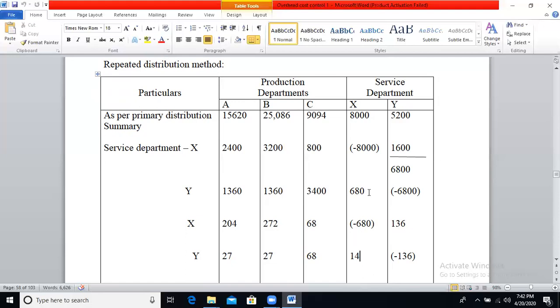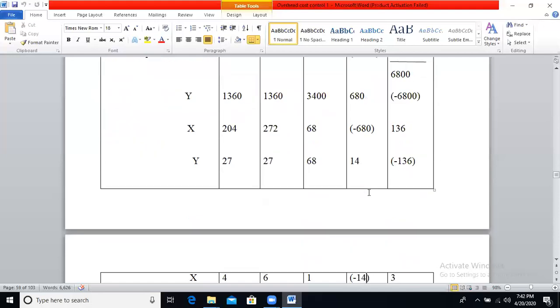Repeatedly you have to reapportion X and Y department expenses to the production departments and the service department. The value of 680 you have to reapportion on the basis of X percentage. The percentages will be 30%, 40%, 10% and 20%. Now calculate 680 into 30%, you will get 204.